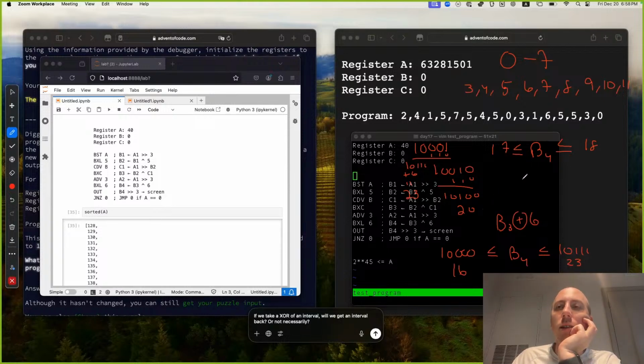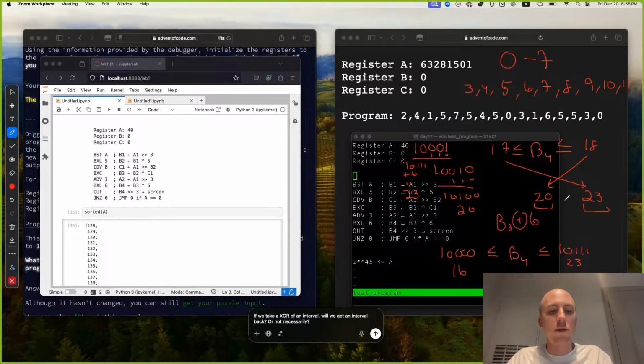So basically 17 maps to 23, and 18 maps to 20, and boom, you don't have an interval. Like this stuff is missing. But since we're starting out and it only has to be a 2, we will get an interval here.